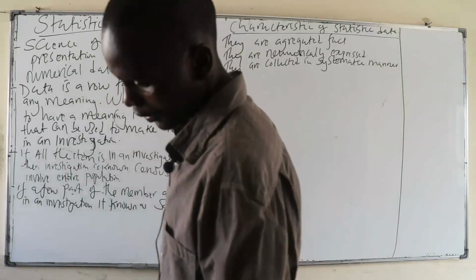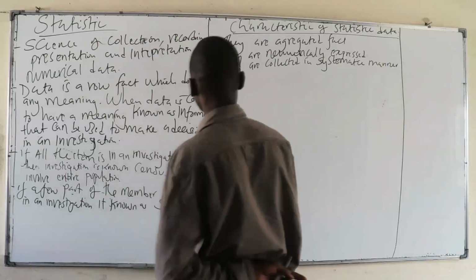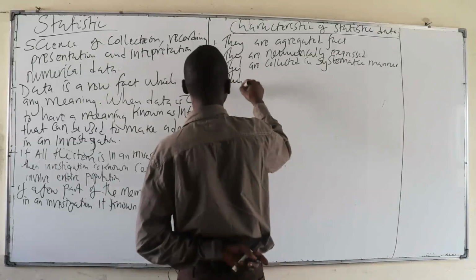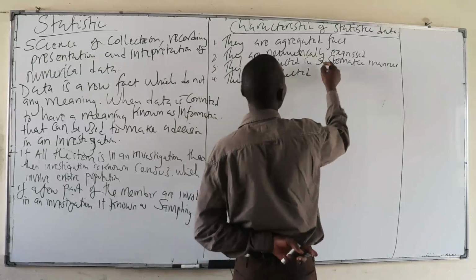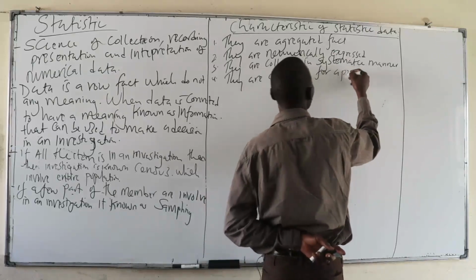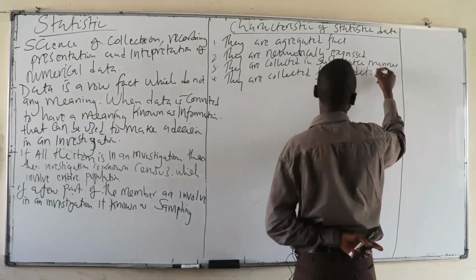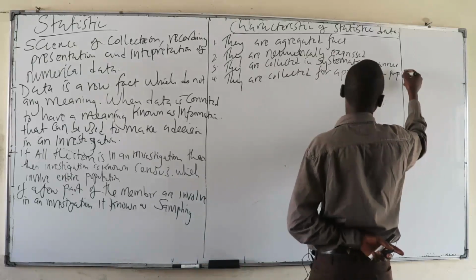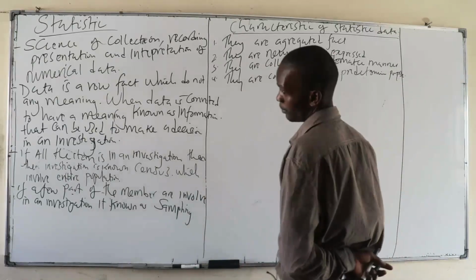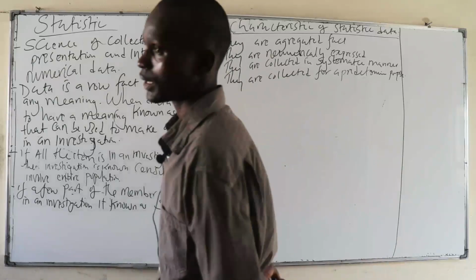Number four, they are collected for a predetermined purpose. So those are the characteristics.